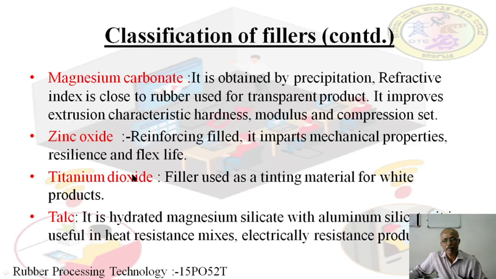Next, titanium dioxide is a filler used as a tinting material for white products. So for white products we are using titanium dioxide. Next comes talc. It is hydrated magnesium silicate with aluminum silicate. It is useful in heat resistant mixes and electrically resistant products.